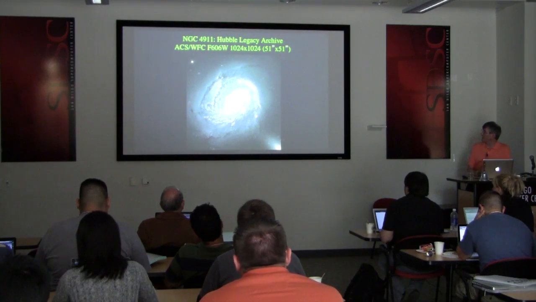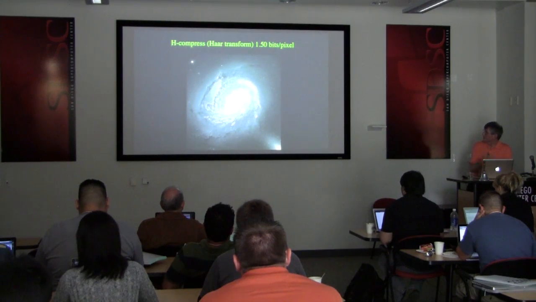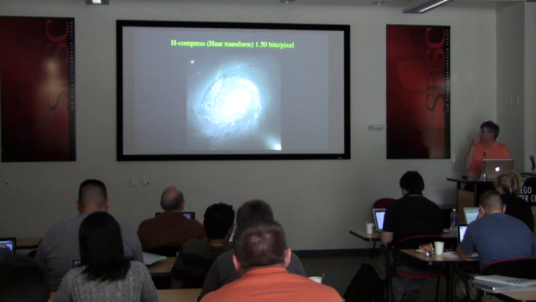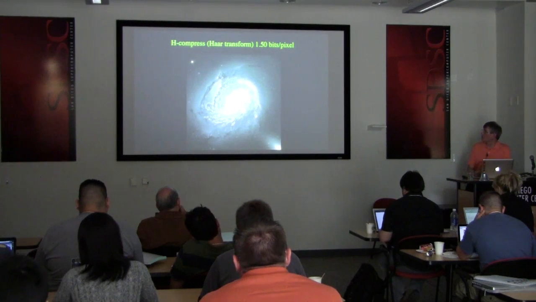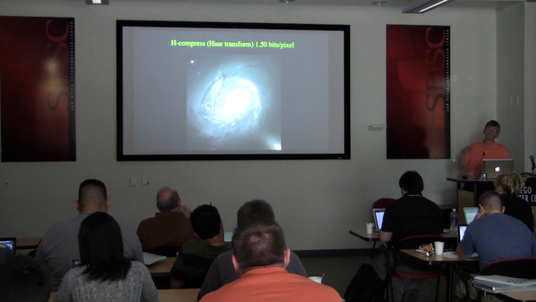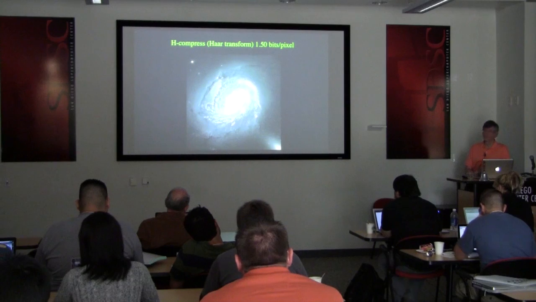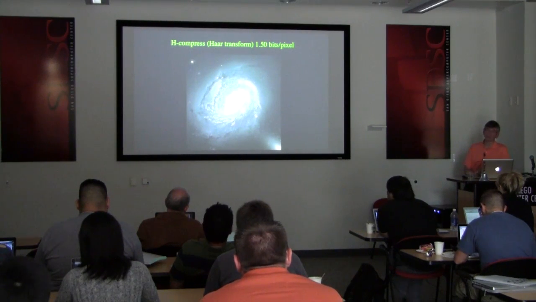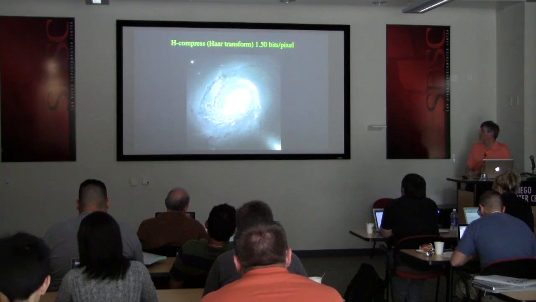This is just the center of a galaxy ACS image. This is an algorithm called H-compress, which uses the Haar transform. So it uses this wavelet transform, plus a coding scheme for coding the coefficients. And it's a lossy compression algorithm. It discards information in the wavelet transform space.